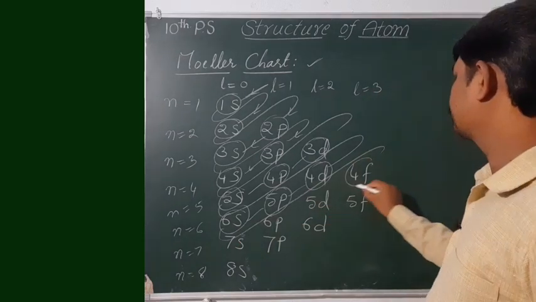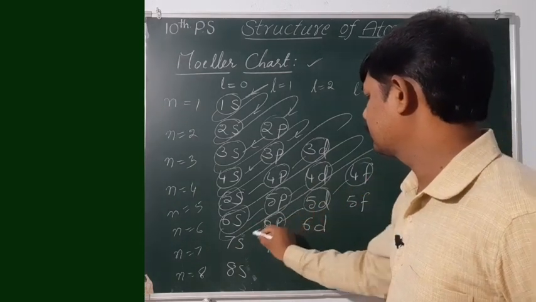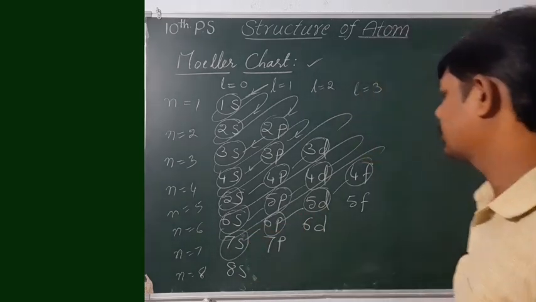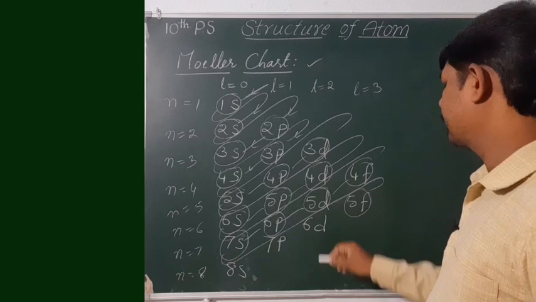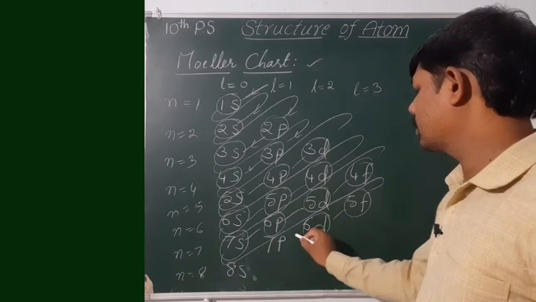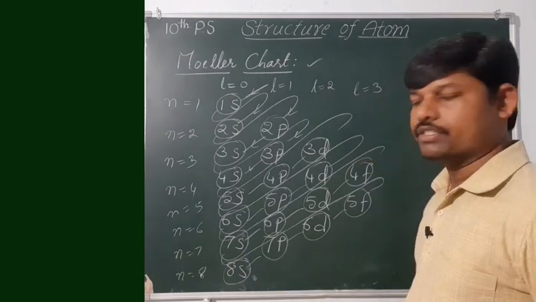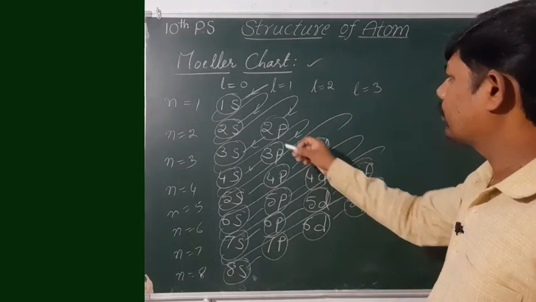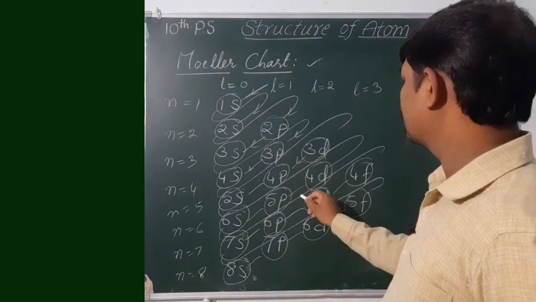Again come back, 4f, 5d, 6p and 7s. So like that, the last one 5f and 6d, 7p and finally 8s. So while drawing this diagram we have to keep arrow marks also.